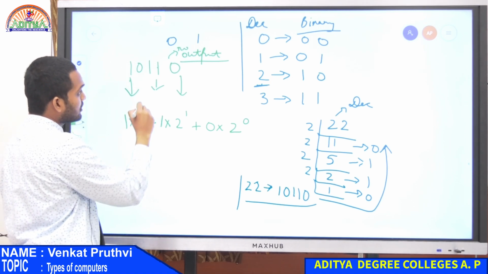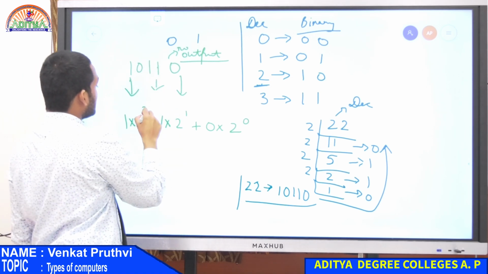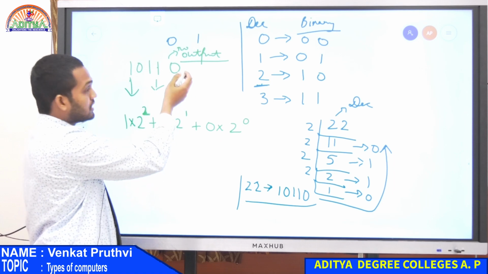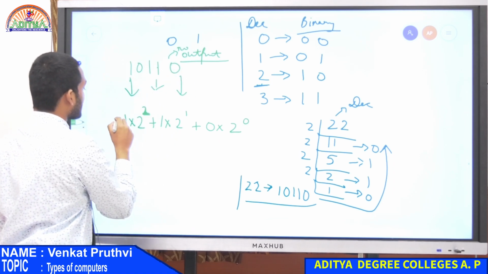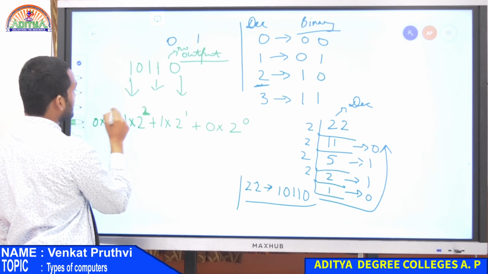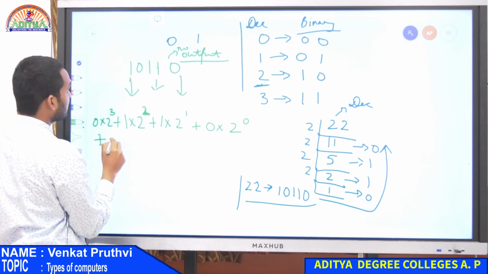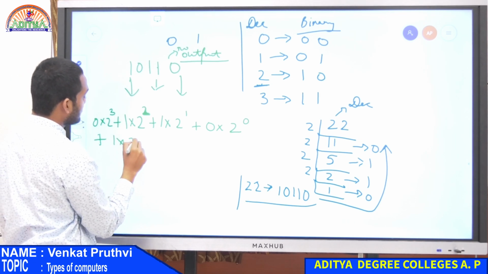Why is it 2 power 2 over here? Because we have this in the third position, the hundreds position, and then we have to add 0 into 2 power 3, because this is in the thousands position, and finally we have 1 into 2 power 4.